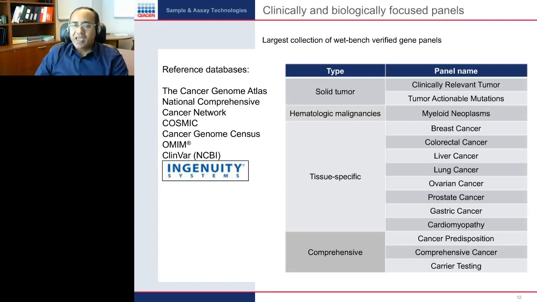Then we have 7 tissue-specific or focus panels ranging from breast, colorectal, liver, lung, ovarian, prostate, and gastric cancer. We also have a cardiomyopathy panel. In addition to these small and focused gene panels, we have large comprehensive panels such as cancer predisposition, comprehensive cancer panel, and carrier testing panel.